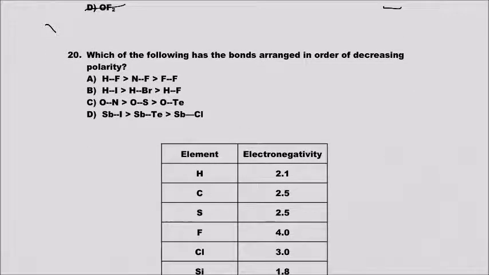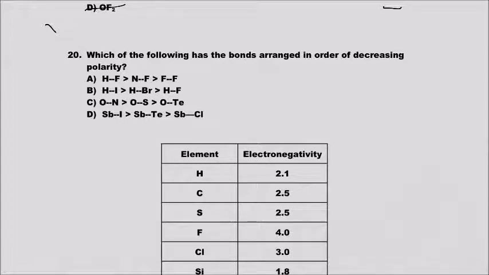Which of the following has the bonds arranged in order of decreasing polarity? Okay, so we know we're going from the most polar to the least polar for number 20. Okay, so if we look at these, we know that if something's bonded to itself, that's going to have an electronegativity difference of 0.